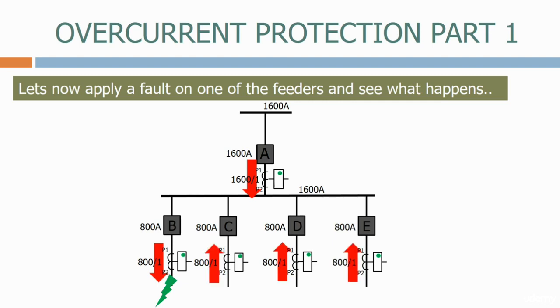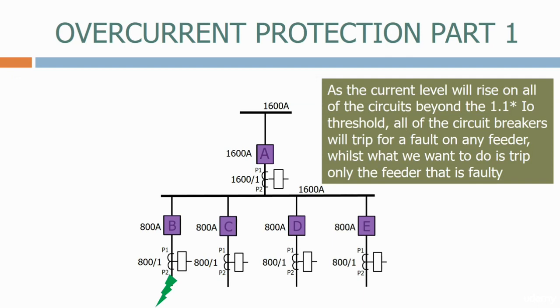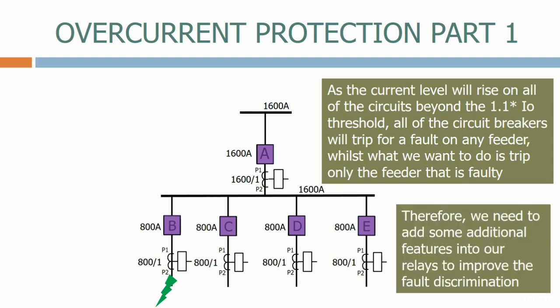All of the relays will detect the overcurrent and will pick up, shown by the green LEDs. As the current level will rise on all of the circuits beyond the 1.1 operating threshold, all of the circuit breakers will trip for a fault on any feeder, whilst what we want to do is trip only the feeder that is faulty. Therefore, we need to add some additional features into our relays to improve the fault discrimination.